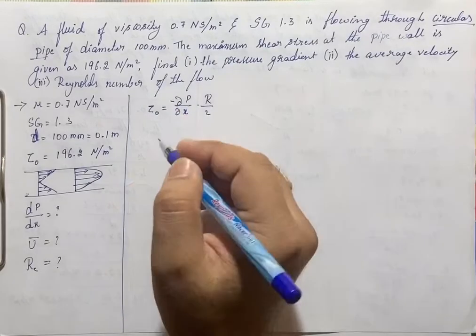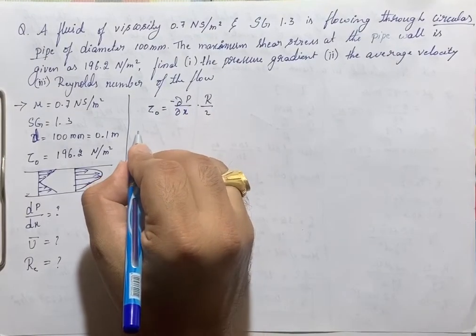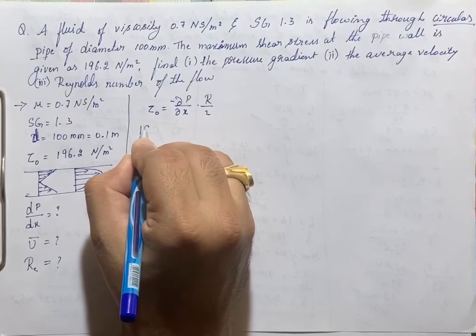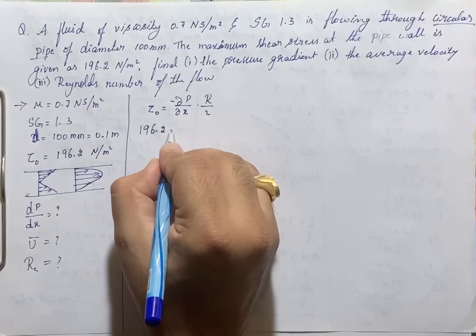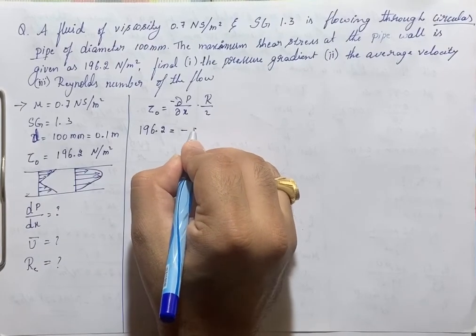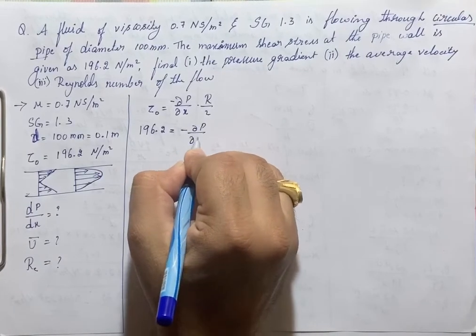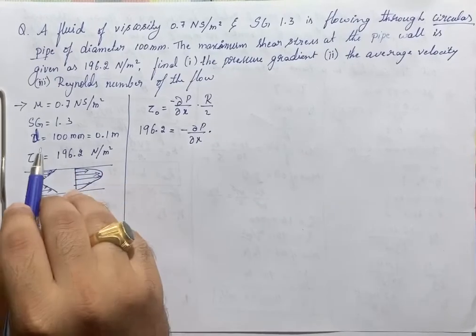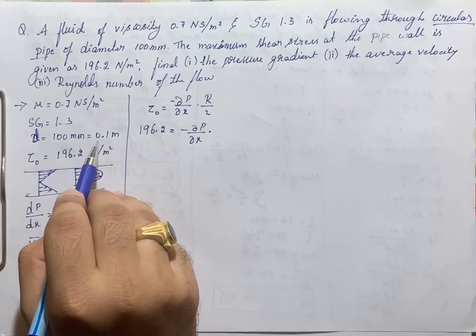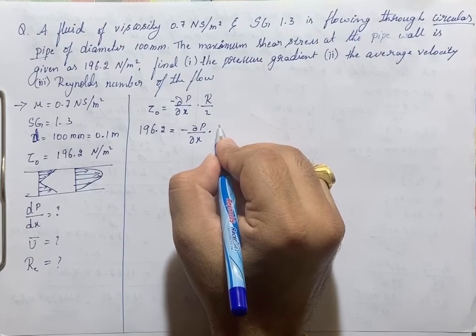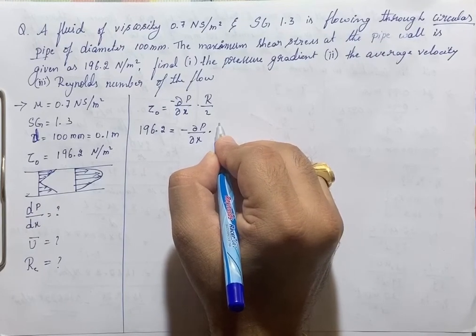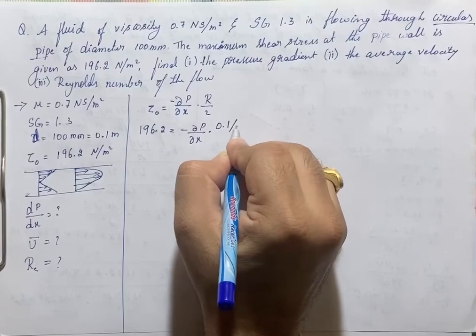After that, I will substitute directly. We have these values: 196.2 is equal to minus ∂P/∂x into R. He has given the diameter, that is 0.1 meter, so I can write R as 0.1 divided by 2.